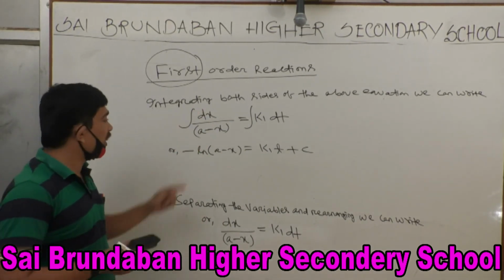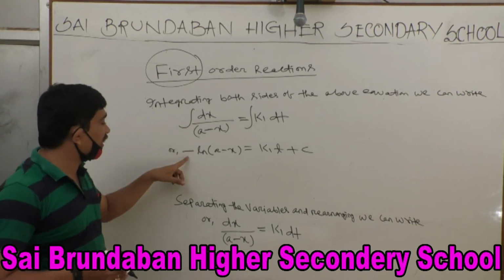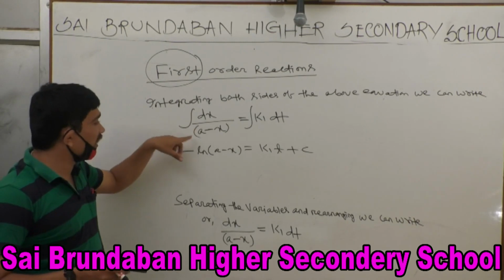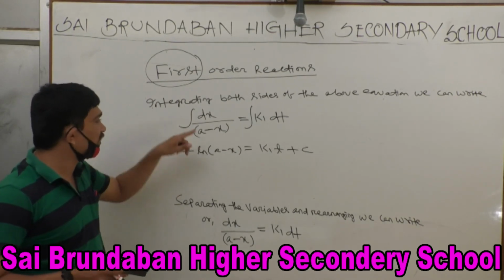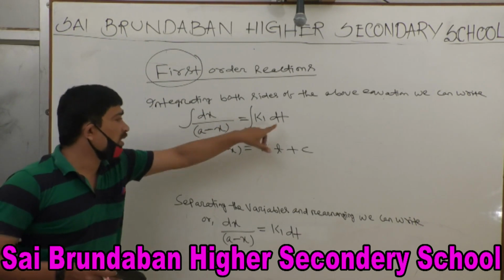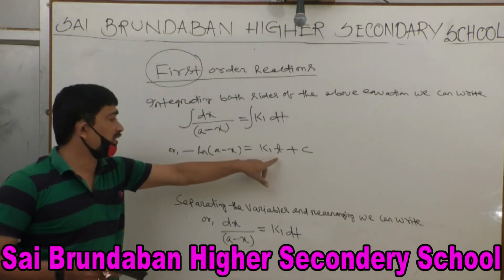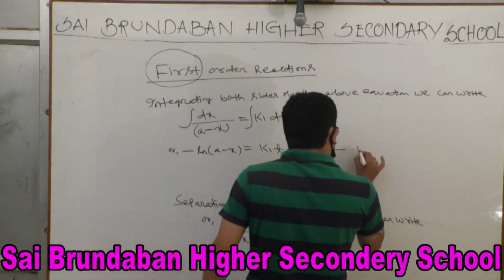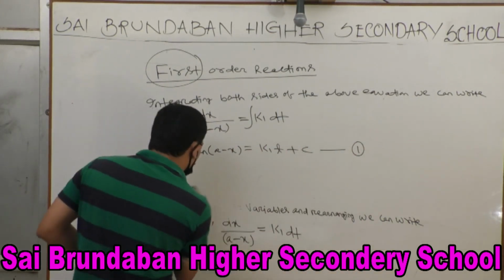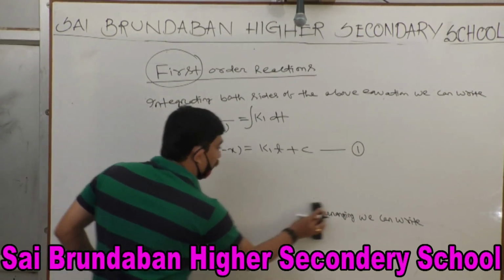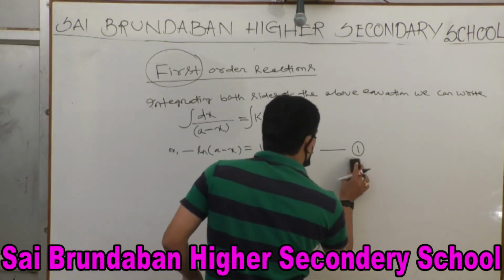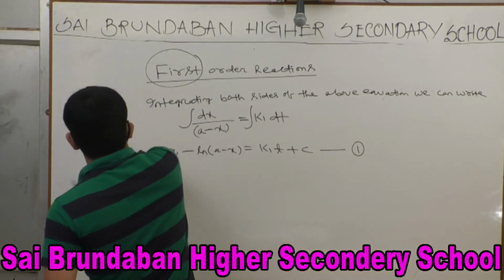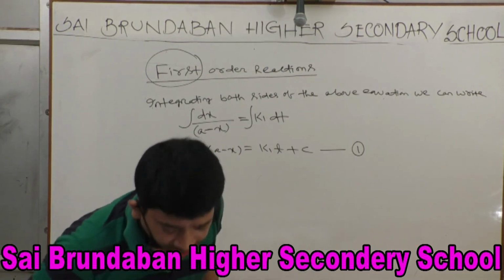The integration of 1 by A minus X is minus ln (A minus X). K1 is a constant taken outside, the integration of dt is t, and C is the integration constant. Let us call this equation number 1.